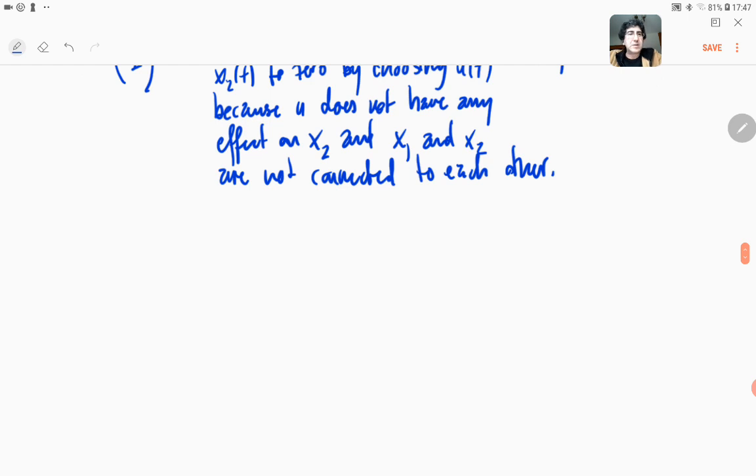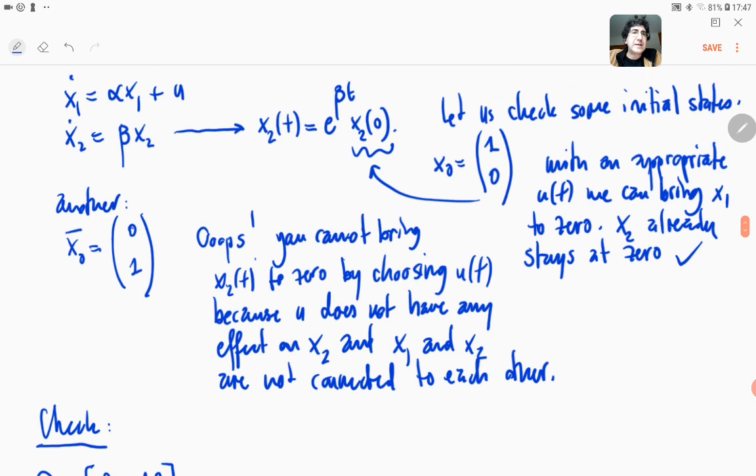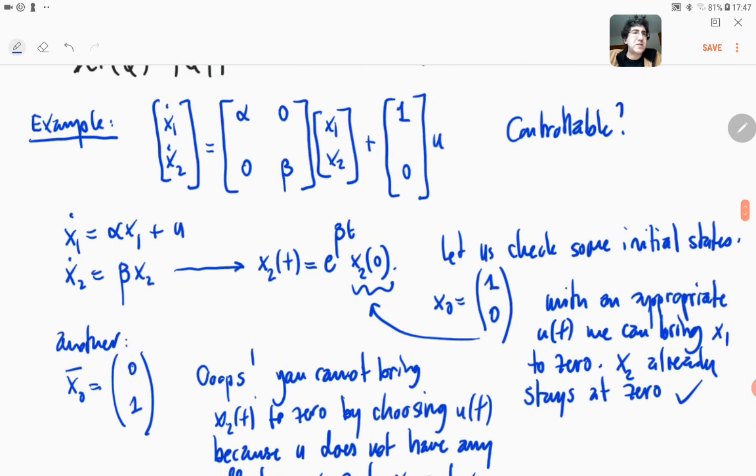Now, let's check. Q, the controllability matrix, is given by B and AB for a second order system. So B, as you can see from the system, is 1 and 0.